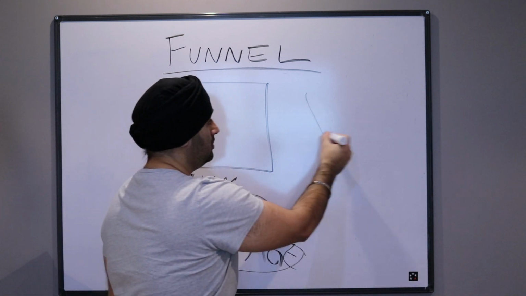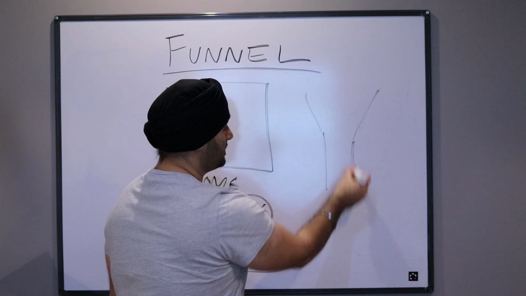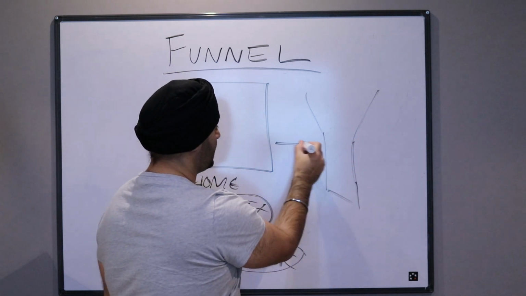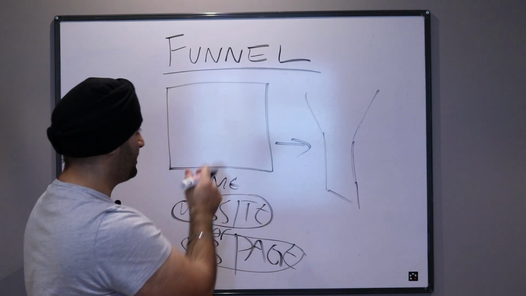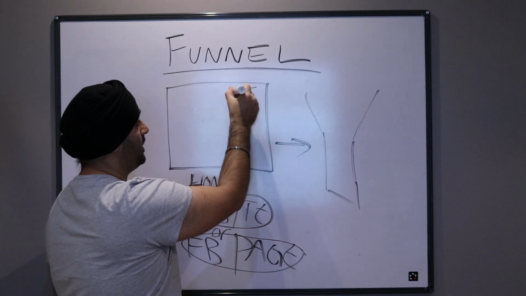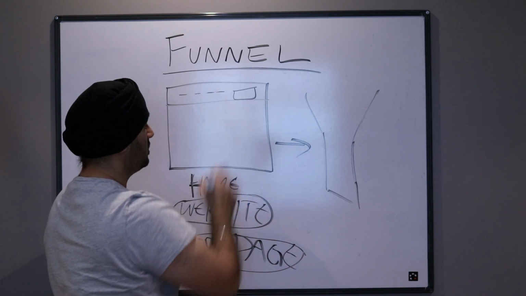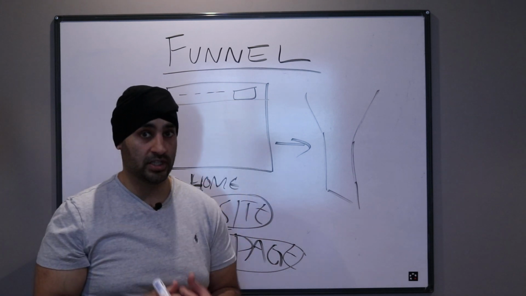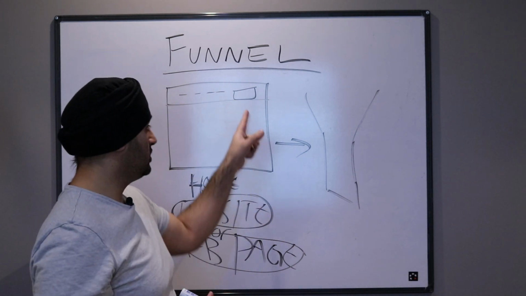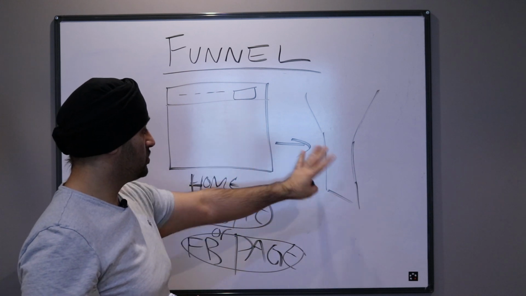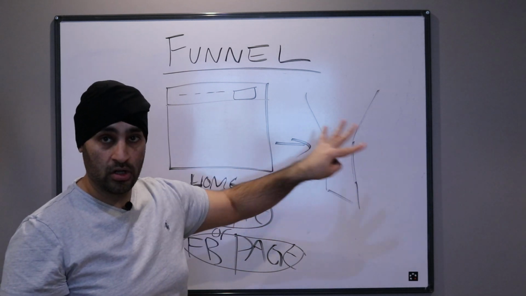Then a funnel, like we talked about in the other video, is literally something that is attached to this website. The simplest way to do it is, on Facebook, there's a call to action button that you can have on your page, and you link it to however you've created your funnel.